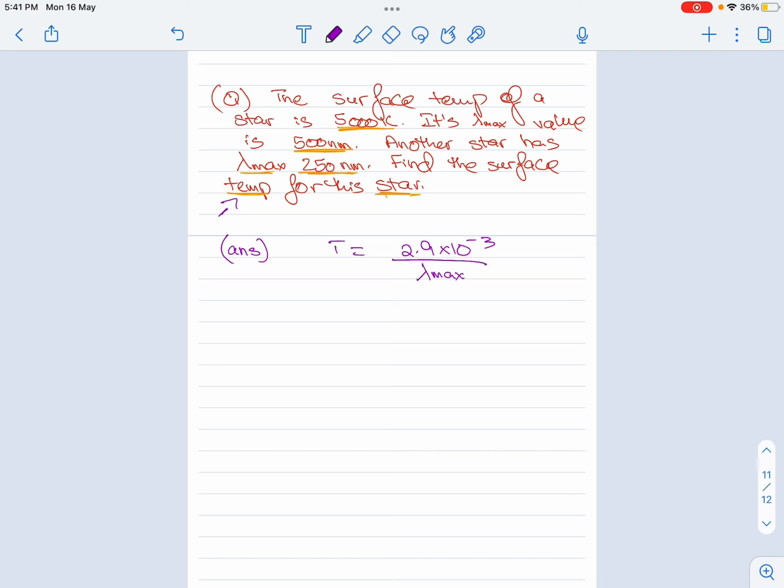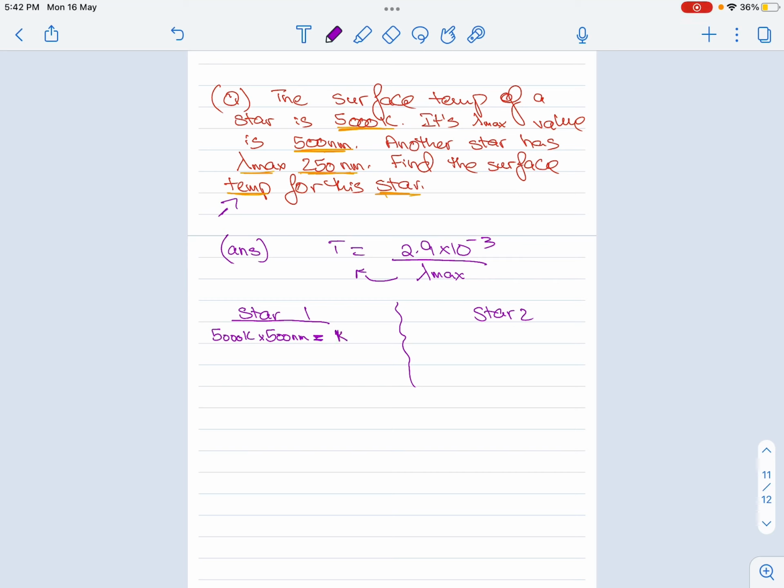So we'll call one of the stars star 1, and the other star, star 2. So the equation for star 1 would be 5000 Kelvin multiplied by 500 nanometer, the wavelength maximum value, equals the constant k.